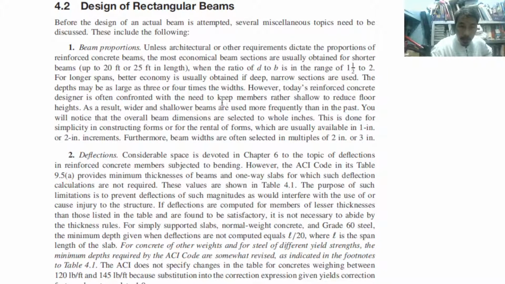So we need beam proportion. The proportion of D to B is within 1.5 to 2.